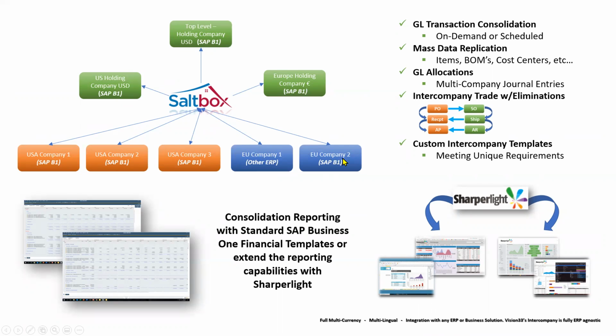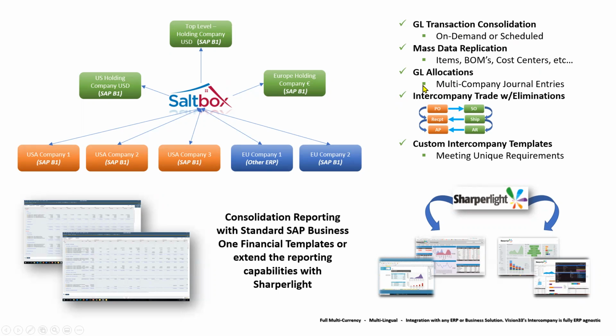You've got all your actual in-use companies as well. The features we have are the golden workflows that come out of the box, of course, the GL consolidation. As you saw, it can be on demand or it can be scheduled. Mass data replication. In this case, we entered an item, but we can also turn this on for bill of materials, cost centers, projects, GL accounts, anything else that you want.